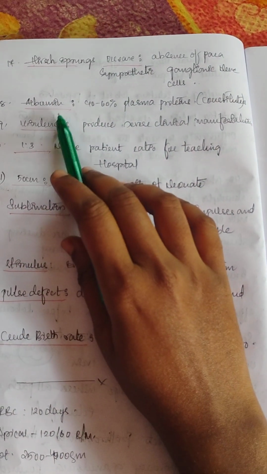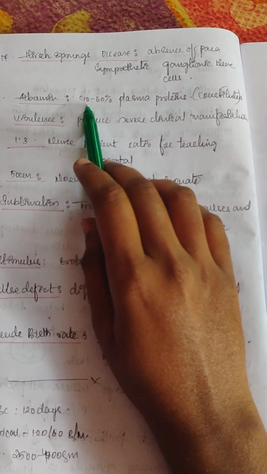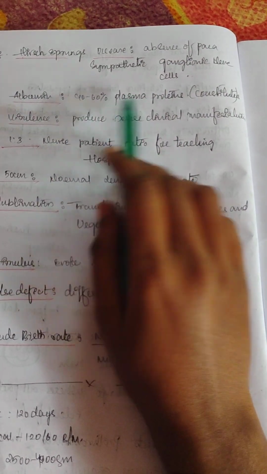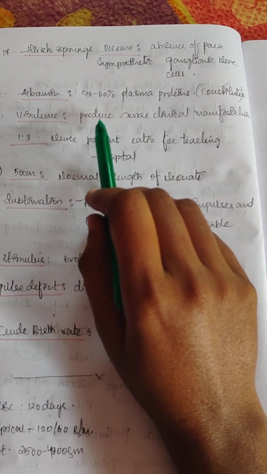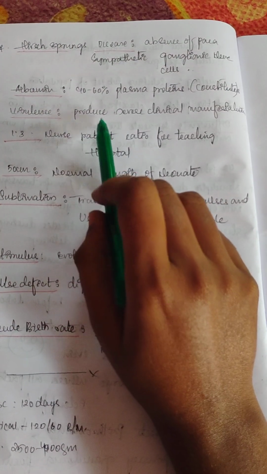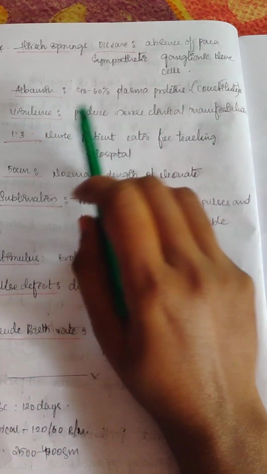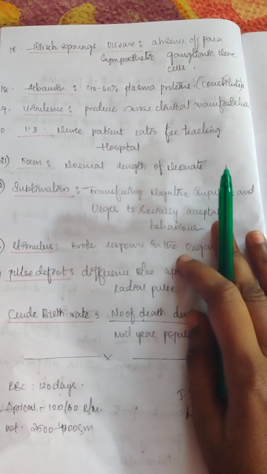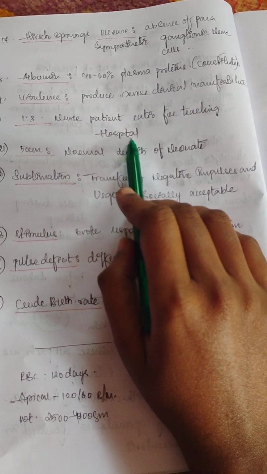Then albumin: of the protein present in our body, about 40 to 60% is albumin. And virulence is nothing but the process of disease producing severe clinical manifestation because of a virus, so that we can call virulence. The next one, 1:3 is the nurse patient ratio for a teaching hospital.